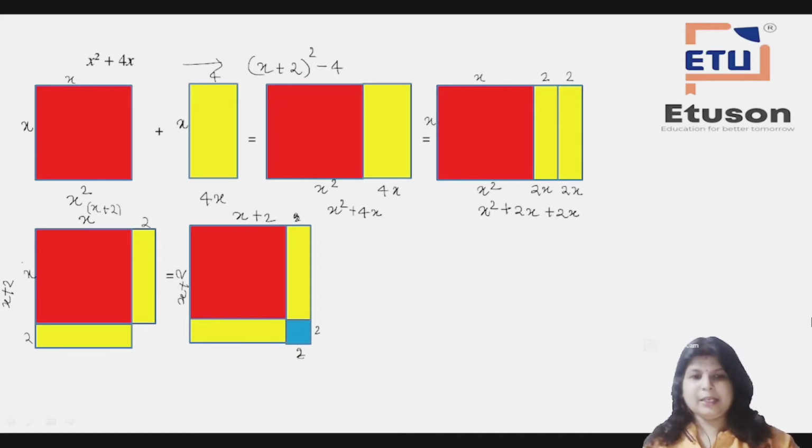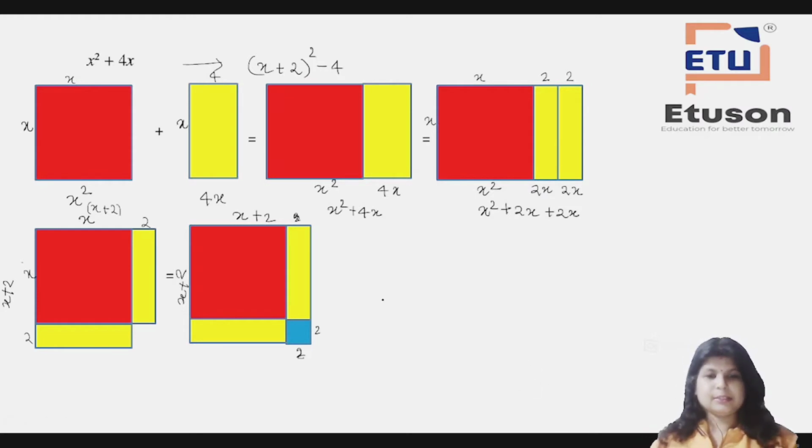We can write that, right? But remember one thing, that this small square of side 2 and 2 is the extra part which we have added to the incomplete square to make it a complete square.